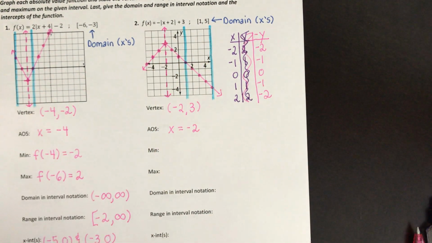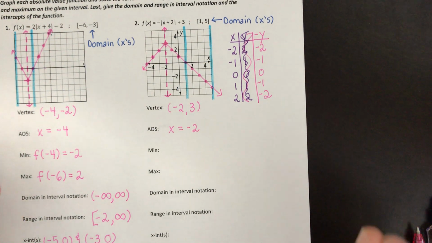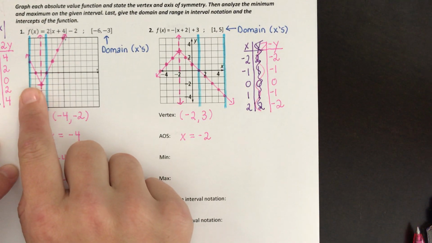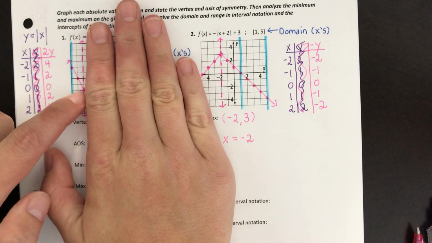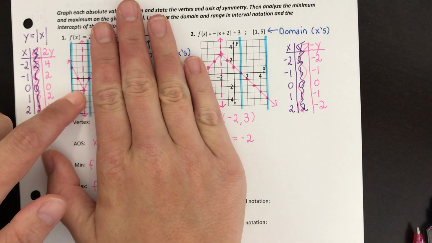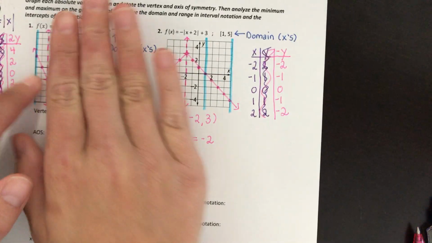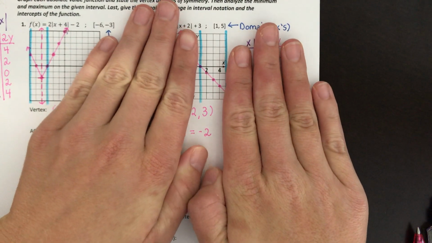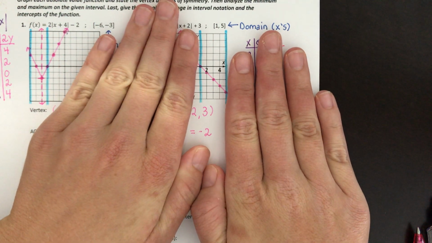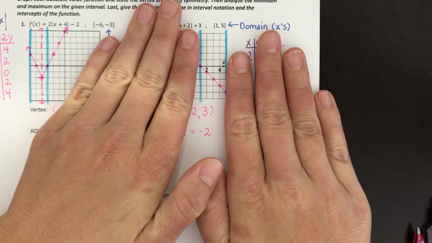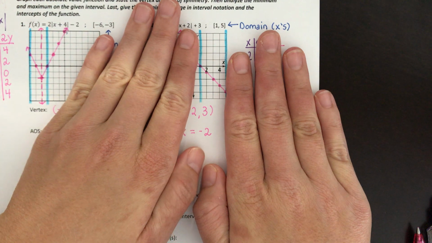Okay, so here we go, 1 to 5. Now this is a very different situation from the previous problem. On the previous problem, look at what happened. Our vertex lied within the boundary, right? So that vertex was the min, that low, low, low point. But whenever our vertex doesn't lie within the boundary, like on this problem here, it looks just like a linear graph, right?